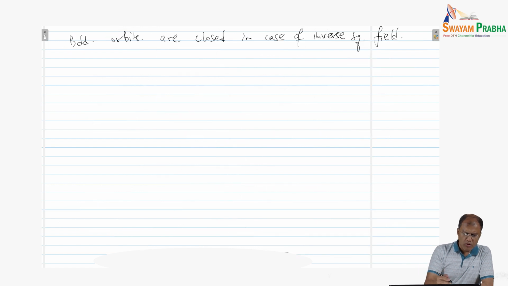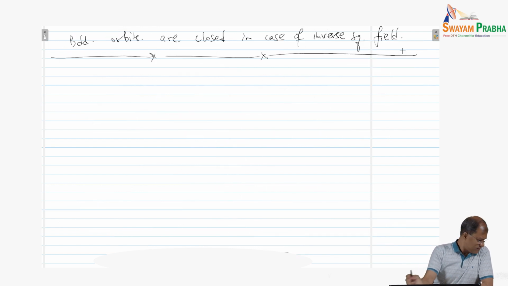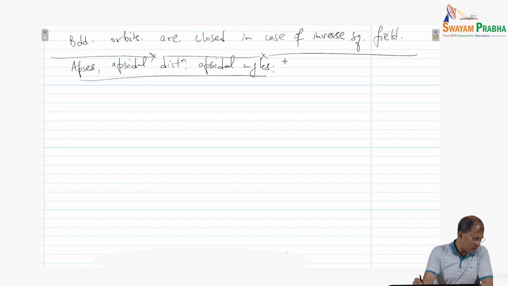Right? So the terminology is as follows. Apse, apsidal distance and apsidal angle. So what we have got is a point of an orbit at which the distance OP, well, what is OP?